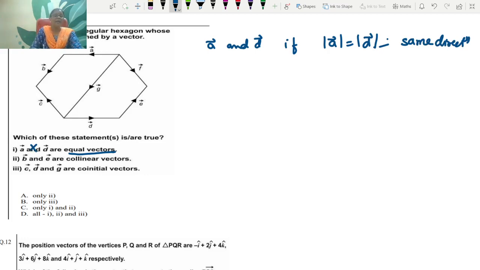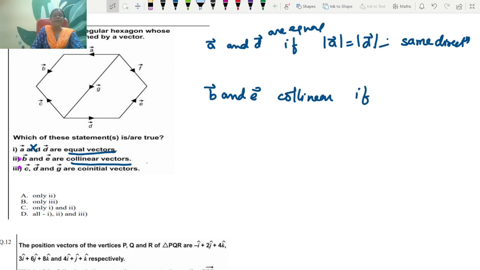Okay. Now B and E are collinear. Now what is the definition of collinear vectors? This was for equal vectors. Now B and E are collinear. When are they collinear?